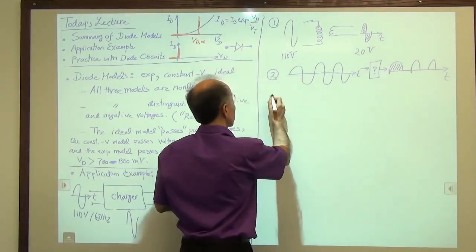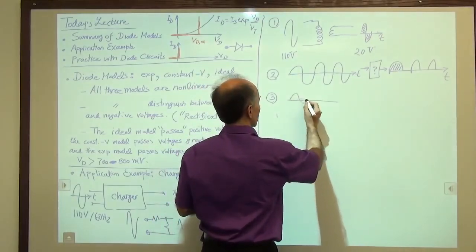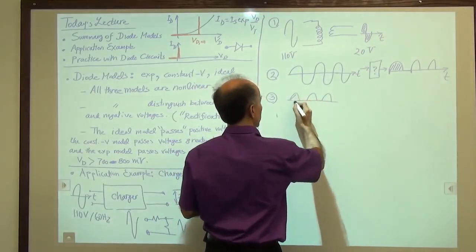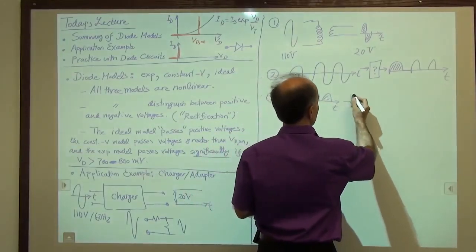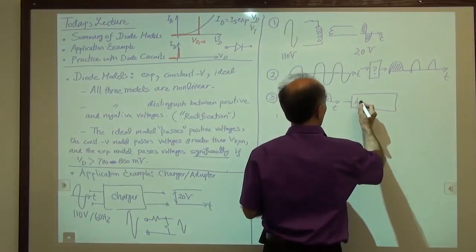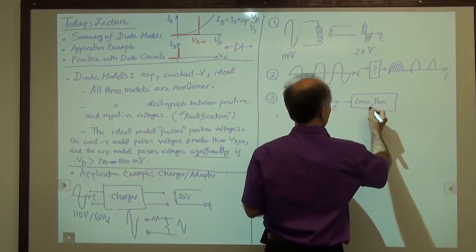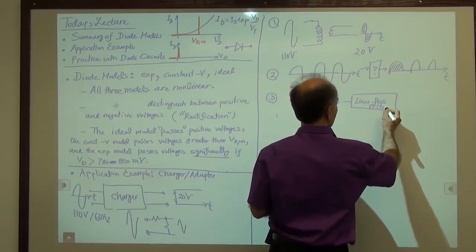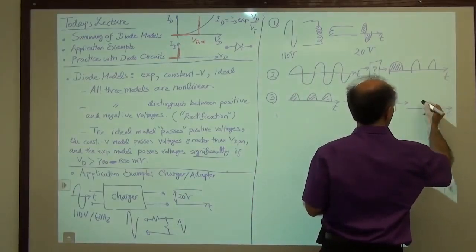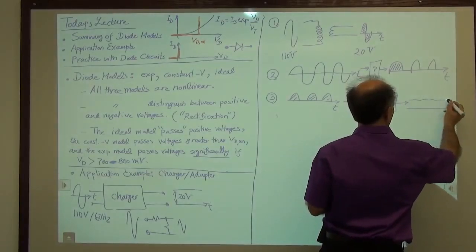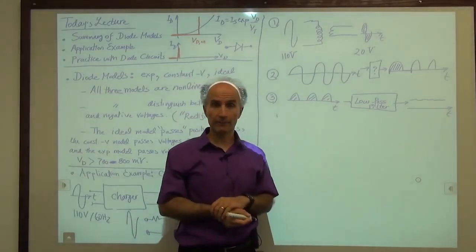So in the third step, we take that waveform and we give it to a filter. So this is a low pass filter. And what we obtain at the output is approximately constant and has a little bit of a variation on it, but that is the DC value of this waveform.